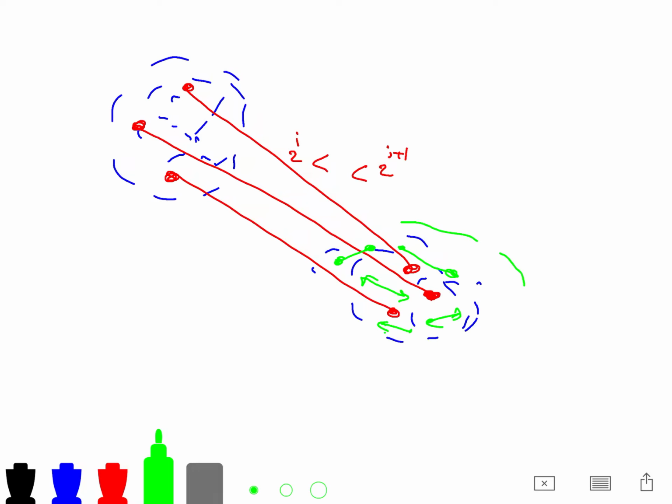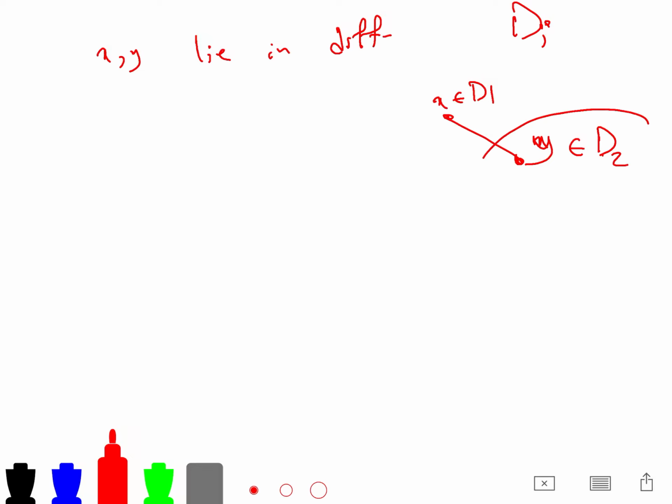Our structure is something like this, and it should capture this structure. Anyway, when we say good events, we mean X and Y lie in different components of the partition. For example, if X is in D1 and Y is in D2, then they are connected and belong to different sets. So it's a good event.